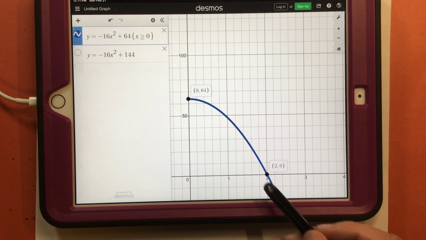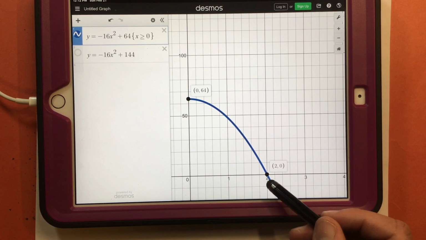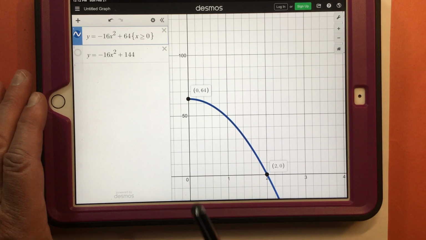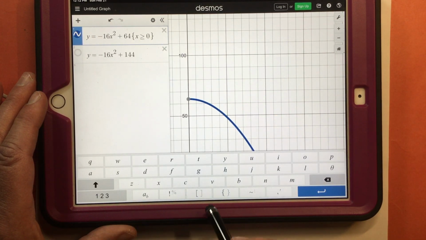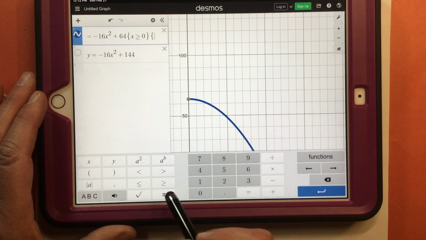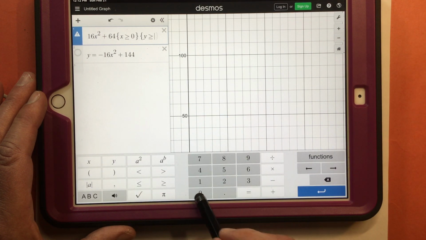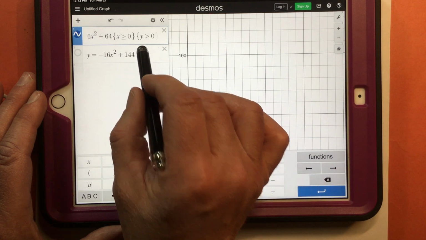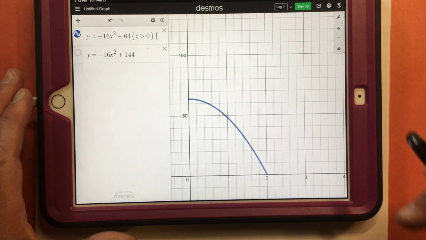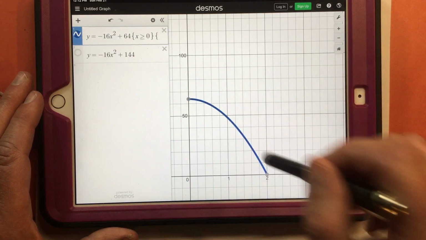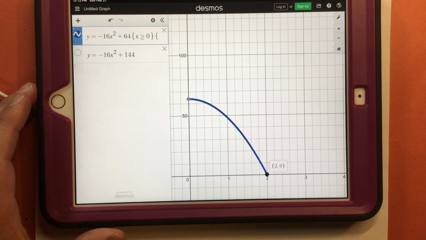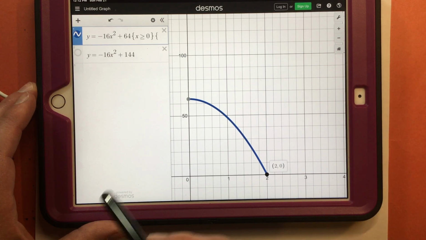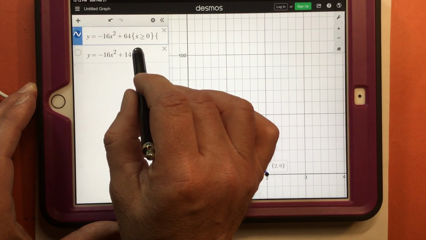And of course, there's nothing beyond this either, so I should probably eliminate that part of the graph too. Say y is greater than or equal to 0. Yeah, cool. So it just showed that part of the graph. Why did it not go beyond? Because once it got to the ground, the water balloon stopped. It burst.